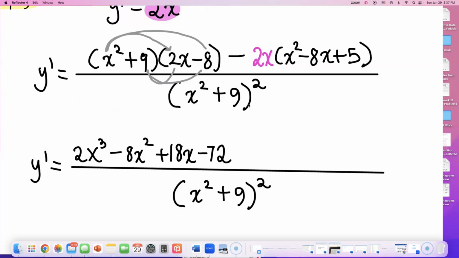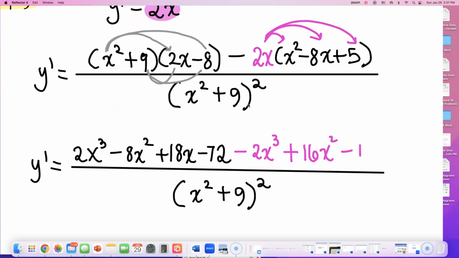All right, let's distribute this negative 2. That will be negative 2x to the third plus 16x squared and minus 10x. Notice because this was a subtracting, everything inside this second parenthesis switched the sign, right?